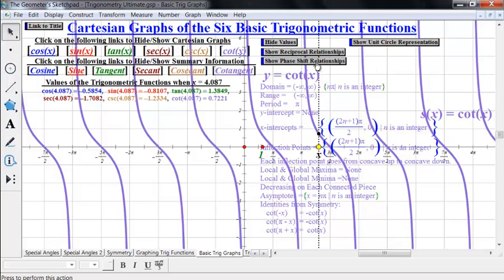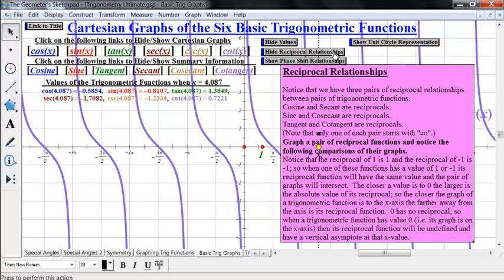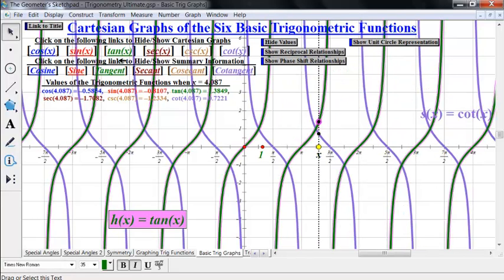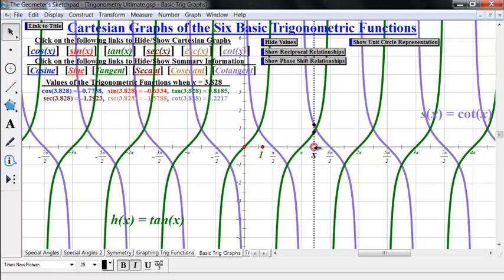And so, just once again, let's go over a couple of things very quickly. This talks about reciprocal relationships: cosine and secant are reciprocals, sine and cosecant are reciprocals, tangent and cotangent are reciprocals. Notice only one in each pair has a co, so that may help you keep track of which ones are which. Okay, and so again, if we have tangent and cotangent, we see the reciprocals. Where are they the same? Well, they're going to be the same when the value is 1.